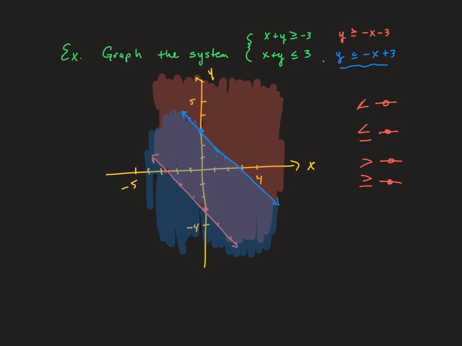That equates to, when you're graphing a line, this would be a dashed line. This would make a solid line. This would make a dashed line again because it is not equal. And this would be a solid line when you're graphing on the coordinate plane.